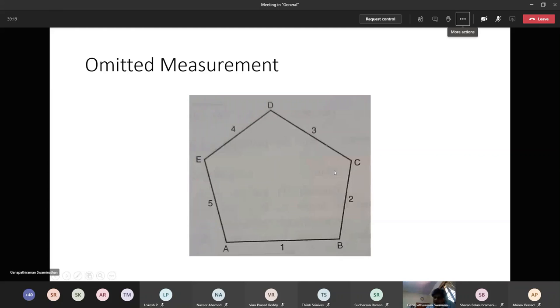Either you have measured the length of DE and length of EA, or you have measured the bearing of DE, length of EA, and omitted the bearing of EA. These are all compounding problems. How will you solve this? Any idea? I'll give you 2 minutes time.